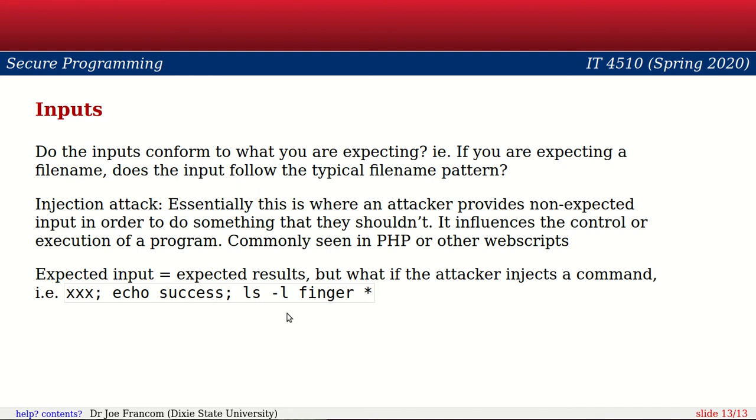If we're expecting them to pass in the letters A through Z for a username, are we really validating that's what they're passing in rather than some weird $ or escape characters, stuff like that? So we really need to be careful about that. So that's all I have to say on buffer overflows.